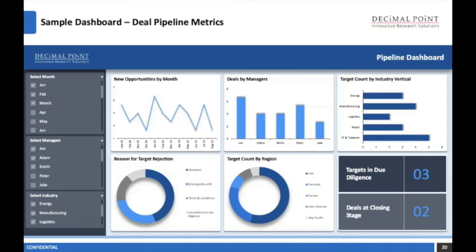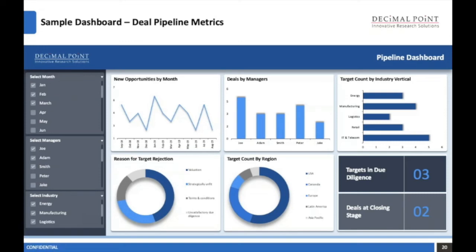The progress of these deals can be tracked quite seamlessly through such dashboards, where leadership can see what kind of opportunities are coming up by the month, which managers are getting more such deals, and which sectors are more active and which not so active, etc. Since these are intelligent dashboards, the views change based on what you select.